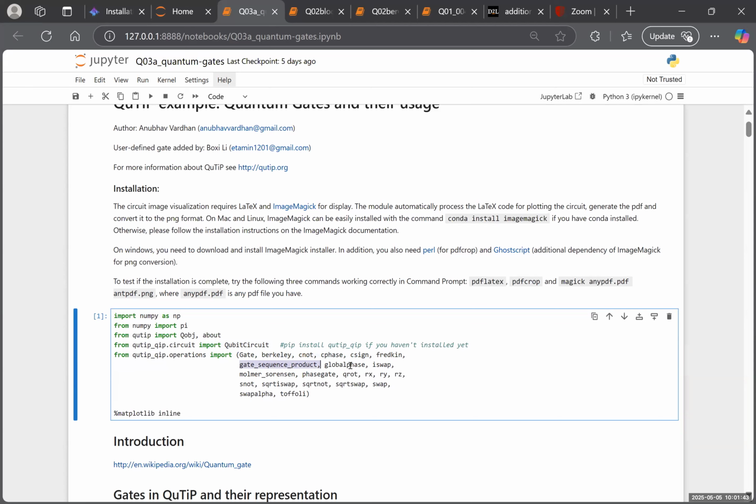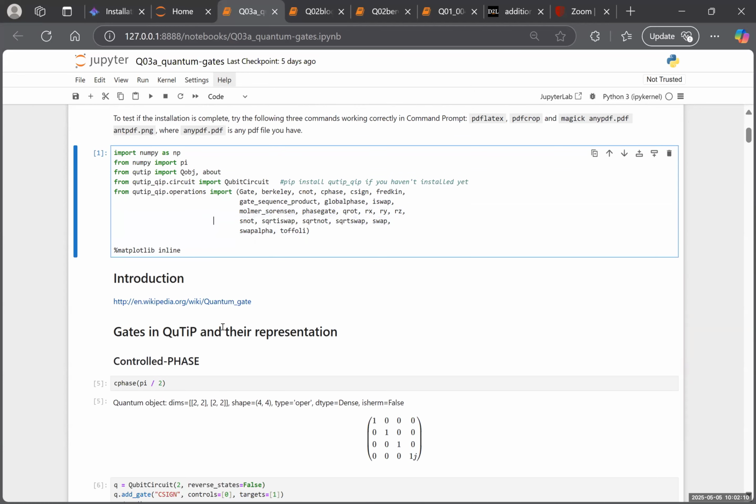Gate sequence product, global phase, ISWAP, Mølmer-Sørensen. This is a gate specifically designed initially for trapped ions. Phase gate, Q rotation, X, Y, and Z, SNOT, SQRTISWAP. So we actually have more than what we need here.